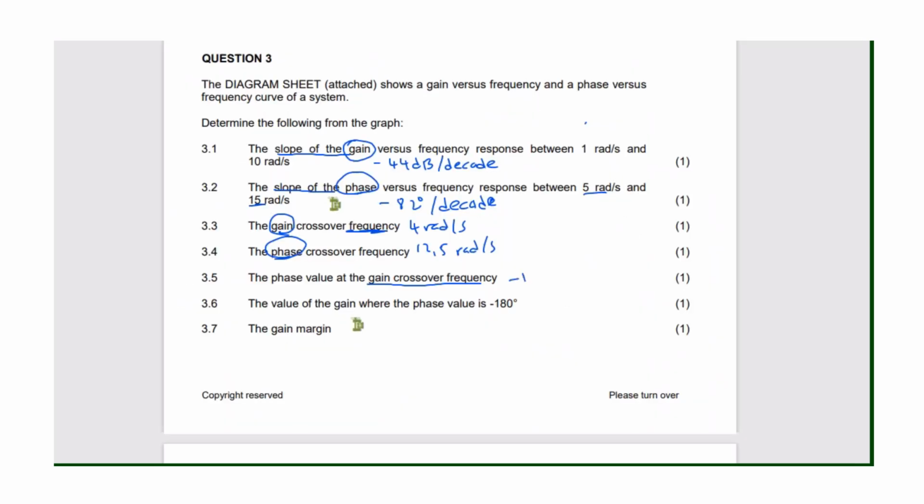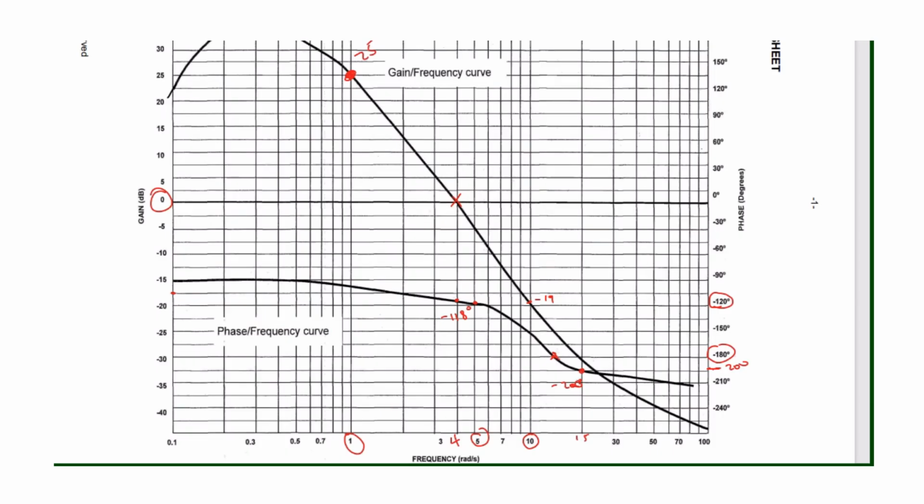So you just write that this is minus 118. If I calculate phase margin, I will say 180 plus minus 118, because this is that theta. Remember, after identifying gain crossover, you must go to the corresponding point for phase. After identifying phase crossover, you must go to the corresponding point for gain.